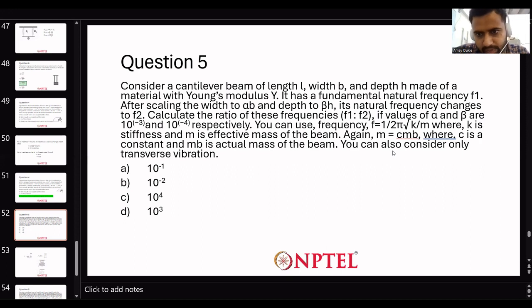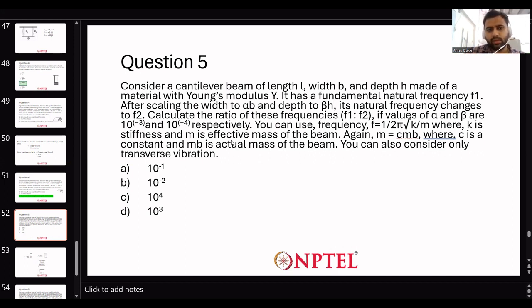You can use the frequency formula 1 by 2 pi root over k by m, where k is the stiffness and m is the effective mass of the beam. Again, m is equal to c m_b, where c is the constant and m_b is the actual mass of the beam. You can consider only transverse vibration. So we just need to find how the natural frequency changes. The natural frequency is the frequency at which resonance occurs.